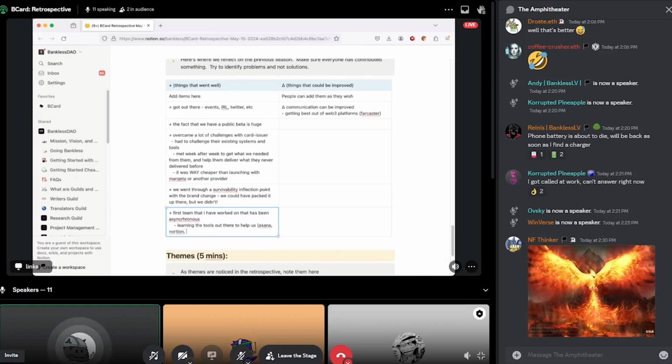I was not aware of very many of these tools when I started, and it really does support a project like this. From a Web3 perspective, deriving those sorts of tools to make these teams successful is very exciting for the future of work in general, let alone a team like ours.